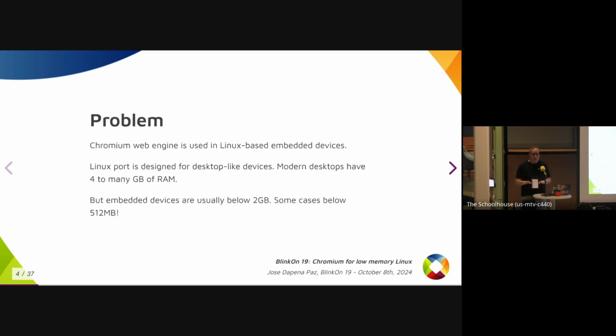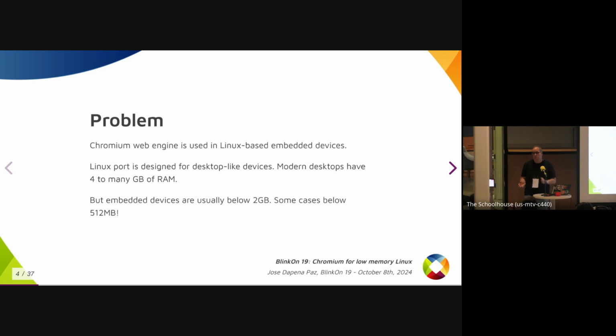So the problem we are going to talk about is, okay, Chromium is a web engine that is used, among other places, in Linux-based embedded devices. The Linux port is mostly designed for desktop-like devices, so the main thinking about the Linux port is around that.